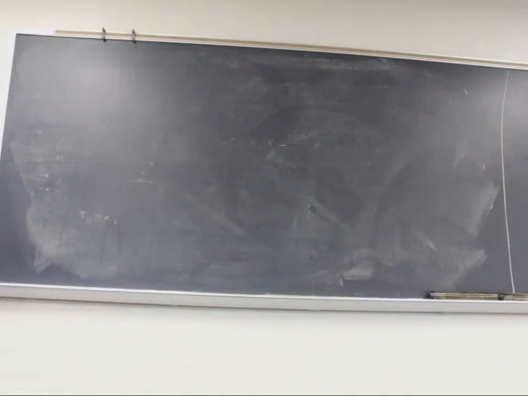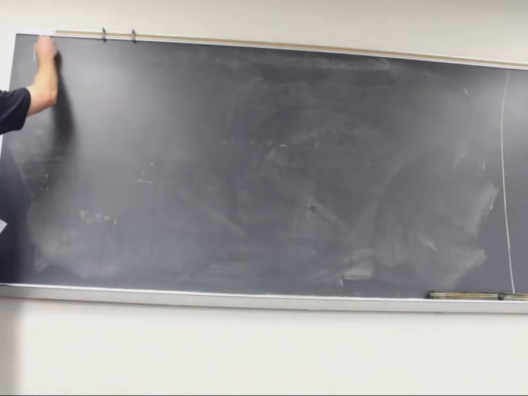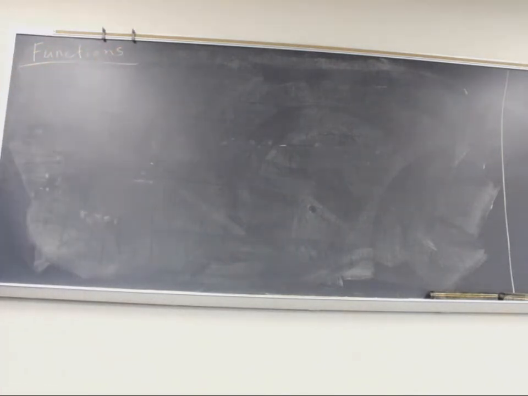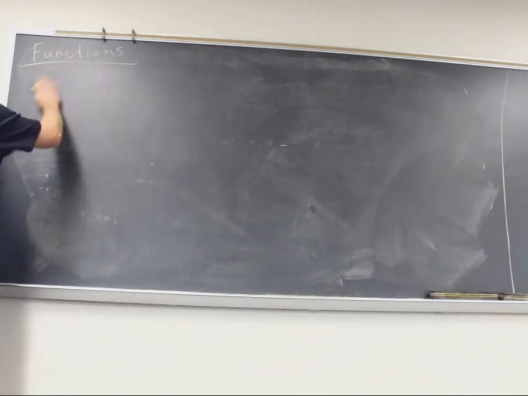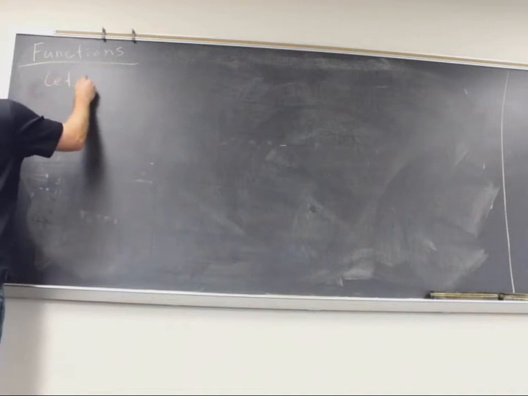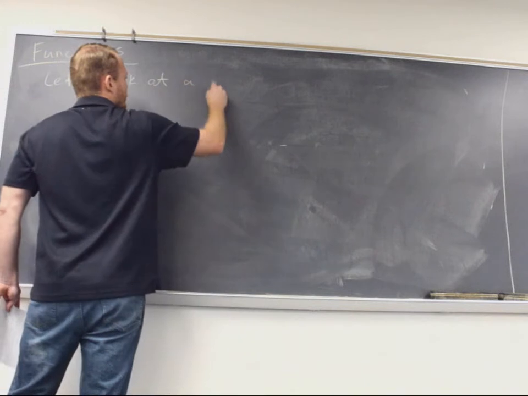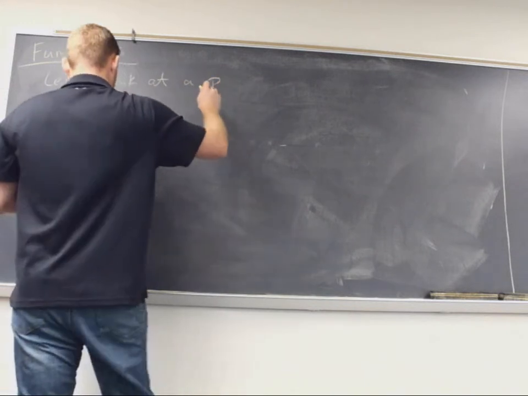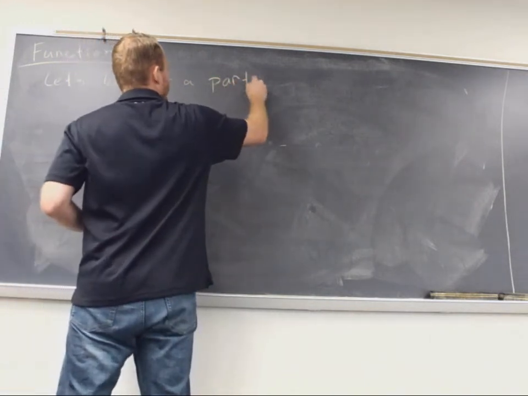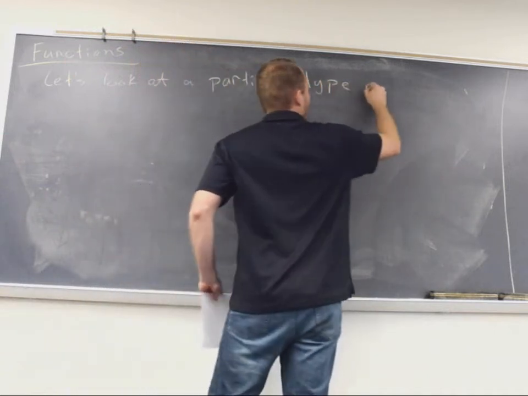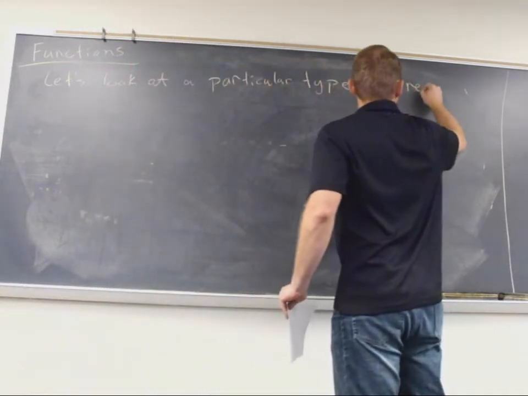Okay, so now we're going to look at functions. So, let's just say this: you have it in your notes and you go back and read it easy. Let's look at a particular type of relation.